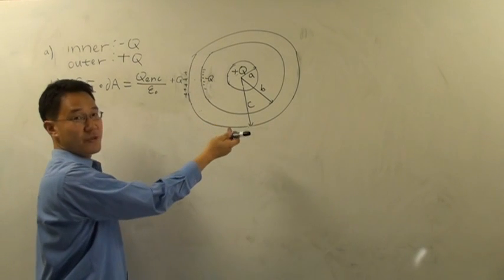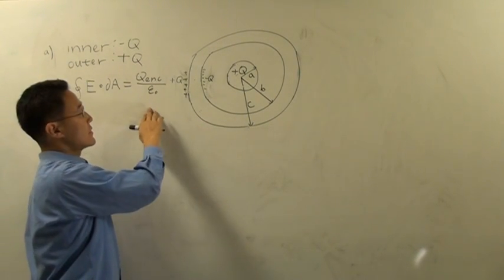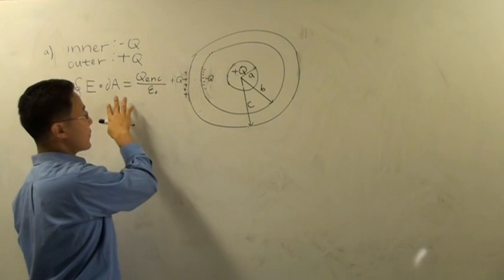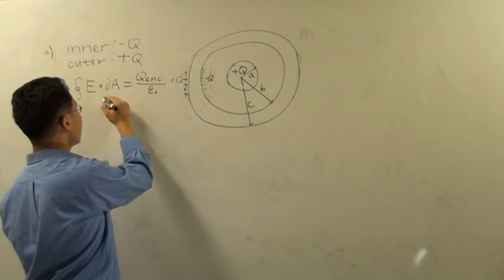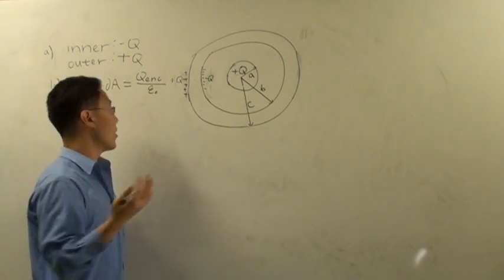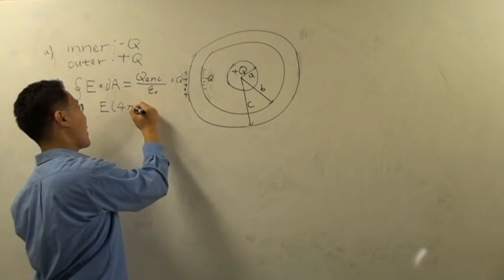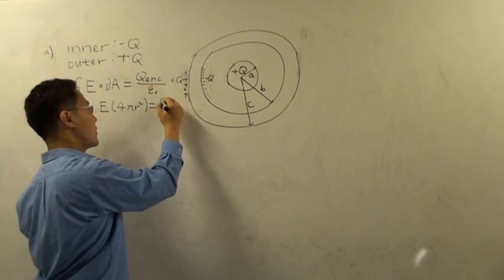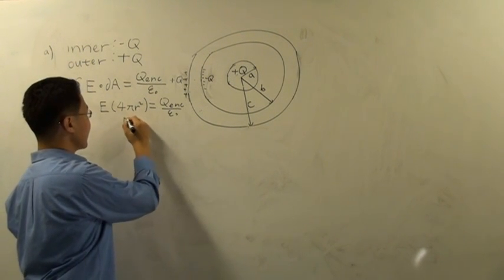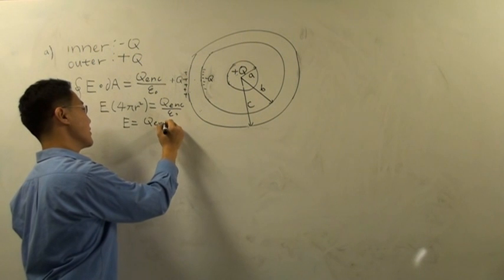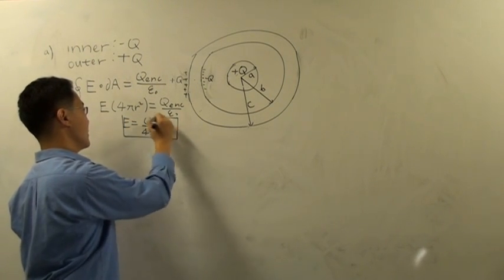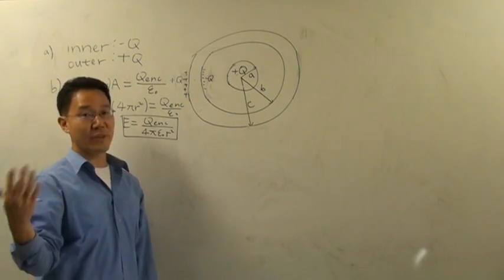Since we have spherical symmetry, the electric field is constant throughout a spherical surface of some radius r. So this expression reduces to the electric field times the surface area, 4 pi r squared, equals the enclosed charge divided by epsilon naught. Therefore, the electric field is Q enclosed divided by 4 pi epsilon naught r squared.